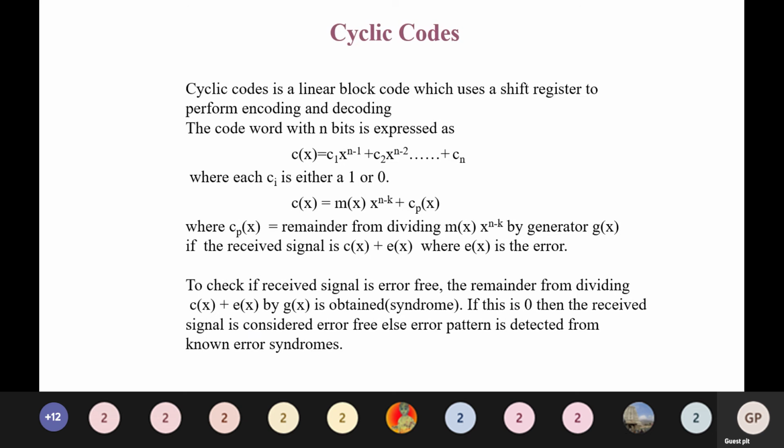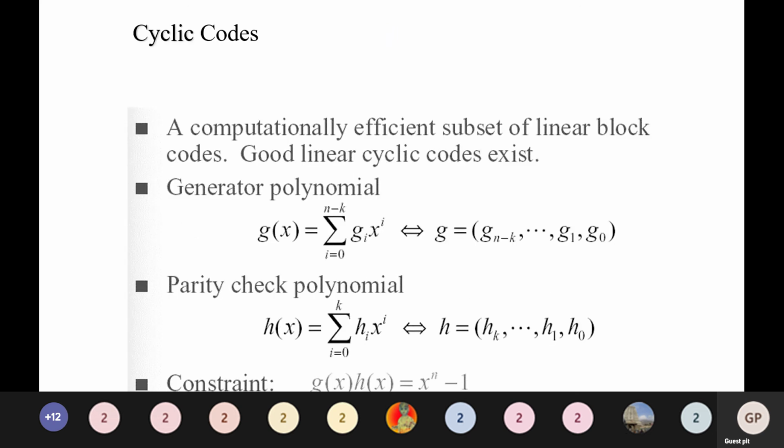Cyclic codes are a computationally efficient subset of linear block codes. The generator polynomial is given in this particular representation: g of x is the summation from i equal to 0 to n minus k of g_i x power i, where n bits are the output and k bits are the input.